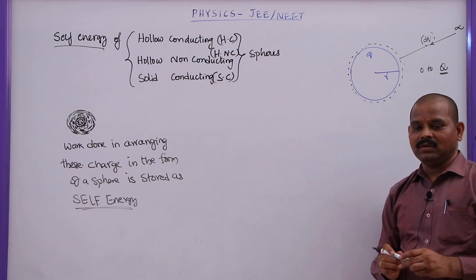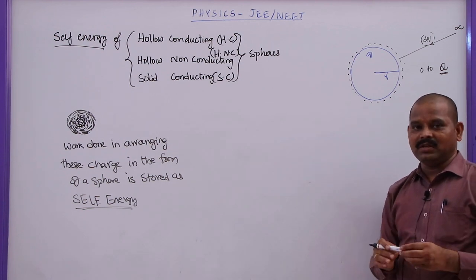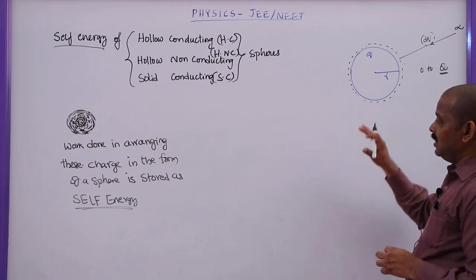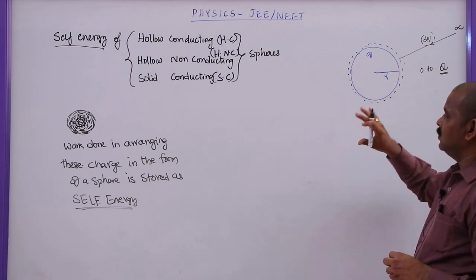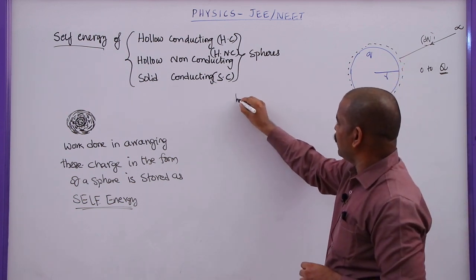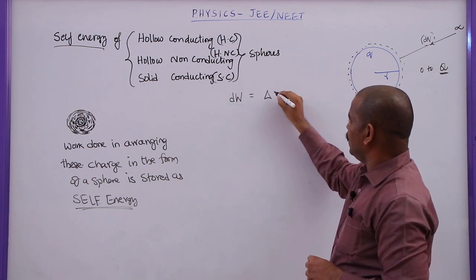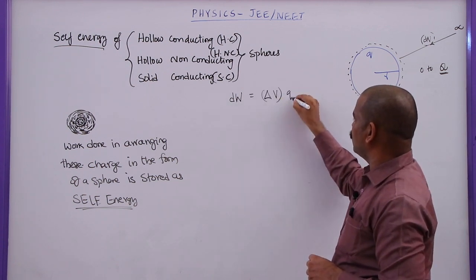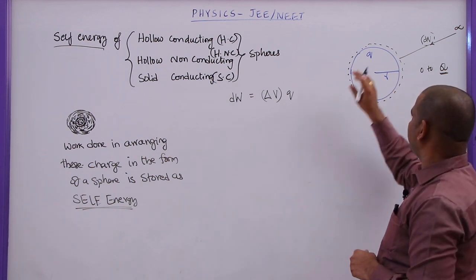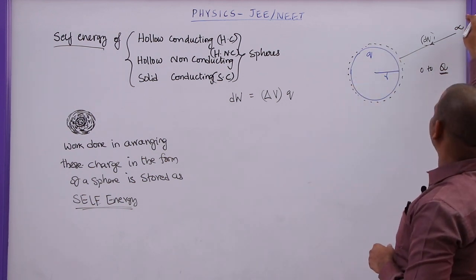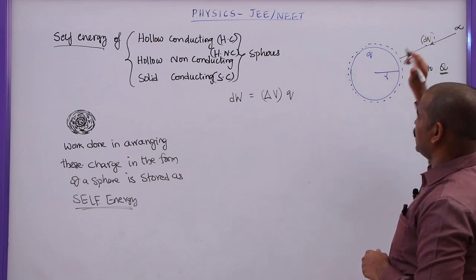So what is the work done in increasing these charges? That means in developing a sphere, the small work done is given by the integral of dV into q. That is the potential difference between the sphere and infinity, into the charge.